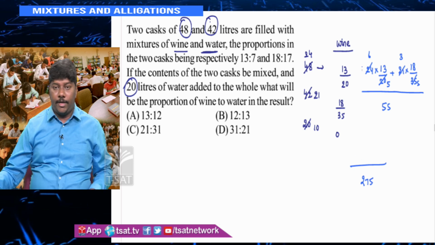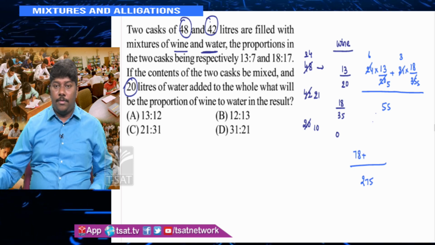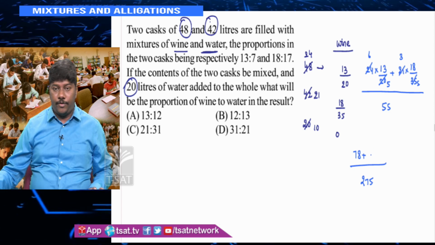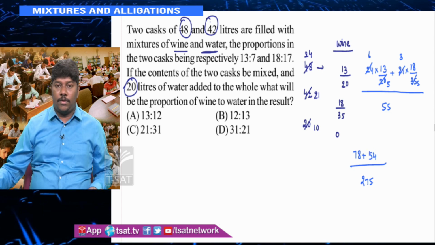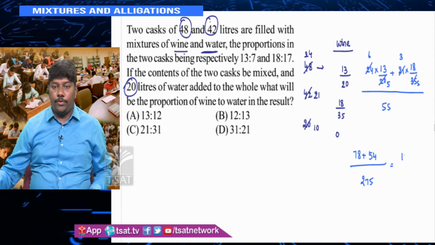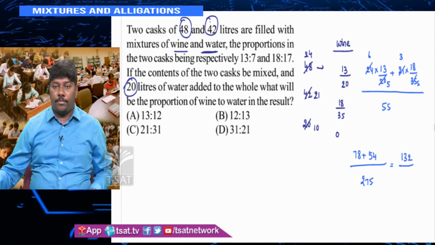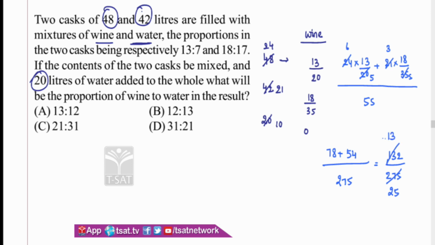In the numerator, you're going to get 13 into 6, 78, plus 18 into 3, 54. Together, we are going to get 132. Cancel it in the 11 table. I would say 11 25s, 11 13s. So, how much wine is there?